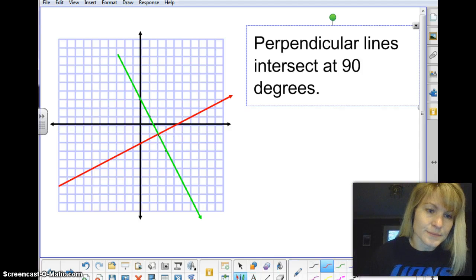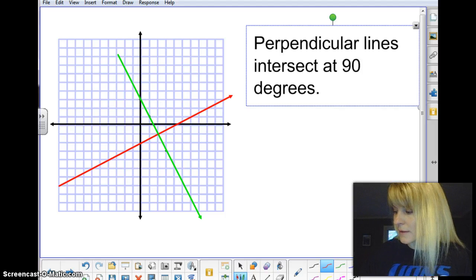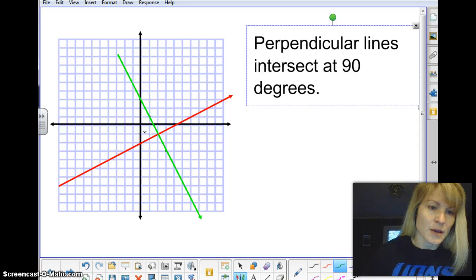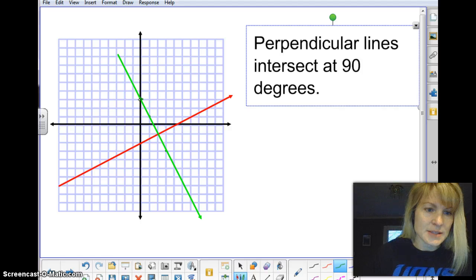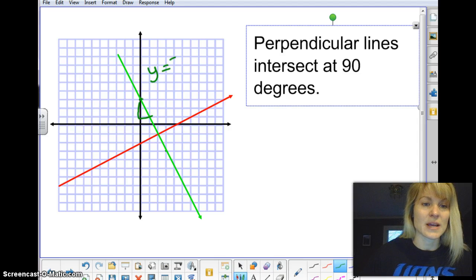So here, if we look at our green line, the y-intercept is at 3. And then we can see it goes down 2 over 1, okay? So I can say my slope is down 2 over 1, and then my y-intercept is at 3.